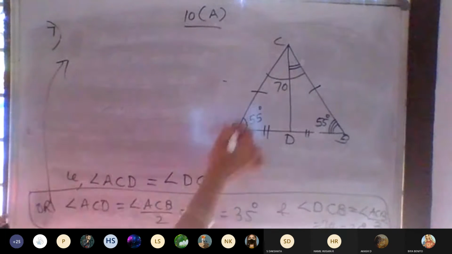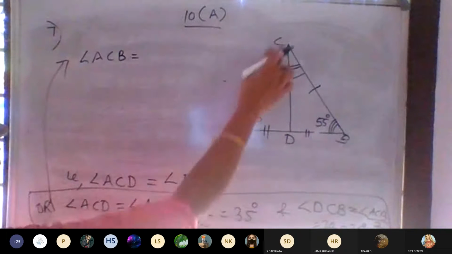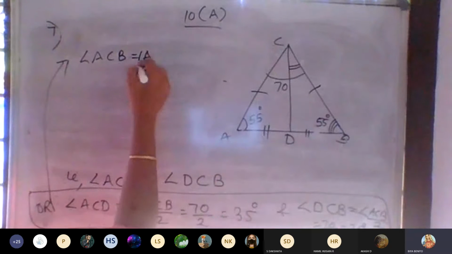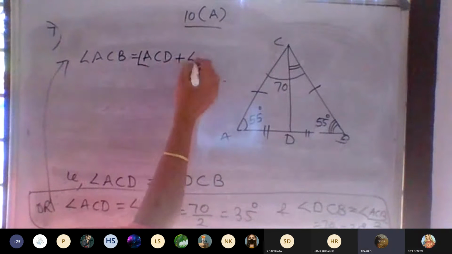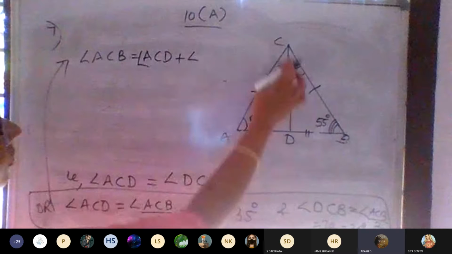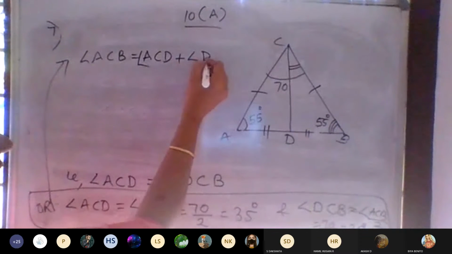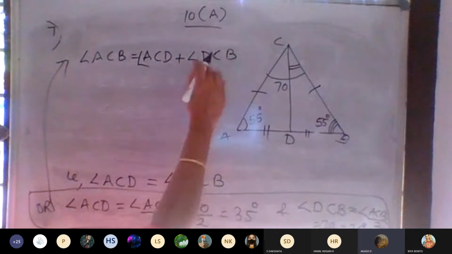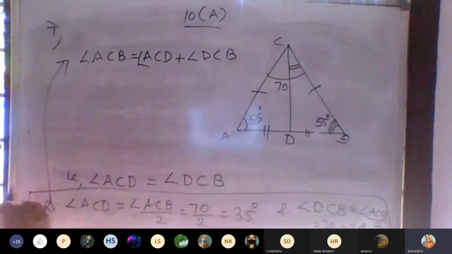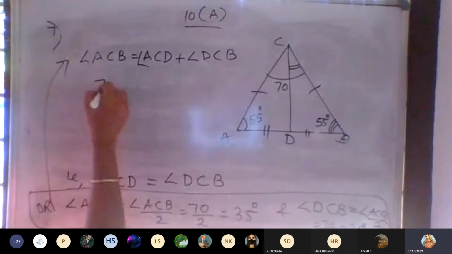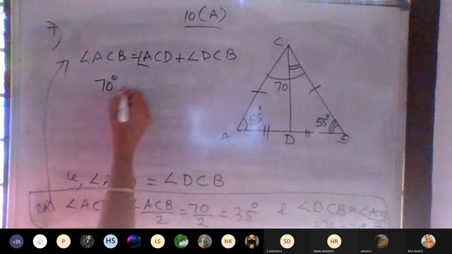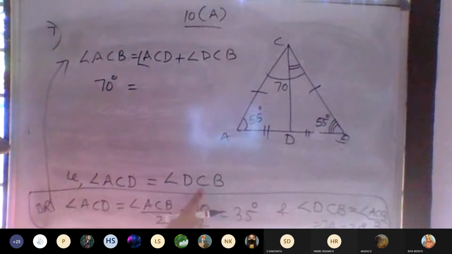Another method: we know angle ACB is what? Angle ACB is equal to angle ACD plus angle DCB. We know ACB is 70 degrees, and ACD is the same as DCB.